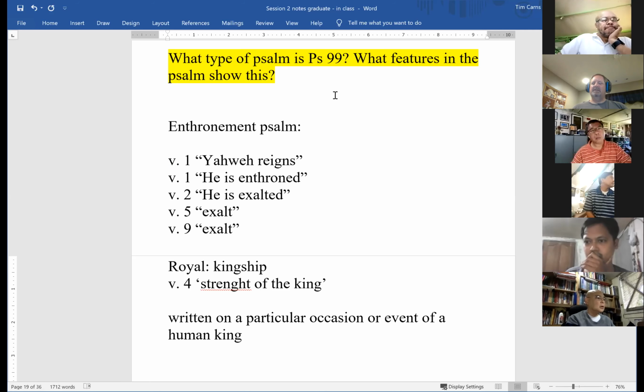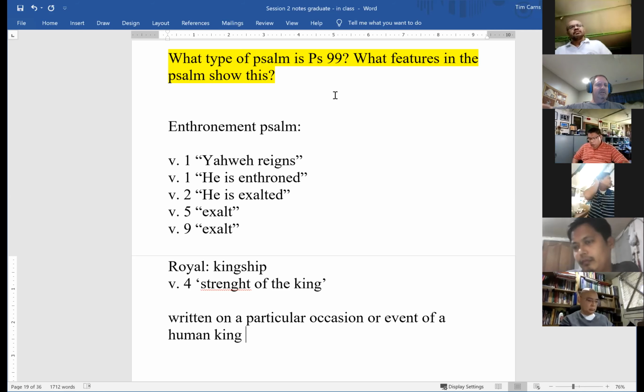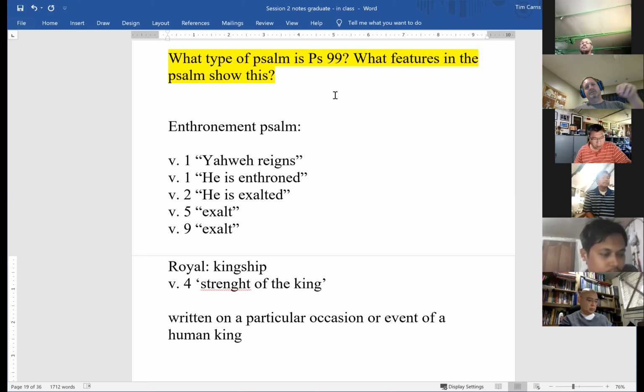So usually it's like Psalm 45, I think, speaking of King Solomon's wedding. So royal psalms have more that idea of us focusing on a human king on some particular occasion, whereas an enthronement psalm is exclusively focused on Yahweh as the sovereign king over the universe. So there's a slight distinction there, but some people combine that category and they'd call this a royal psalm.